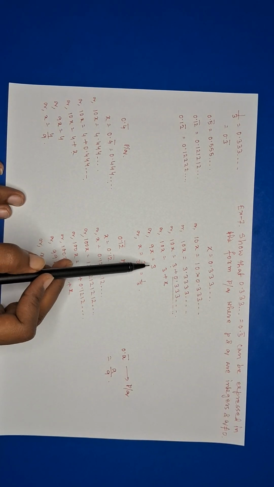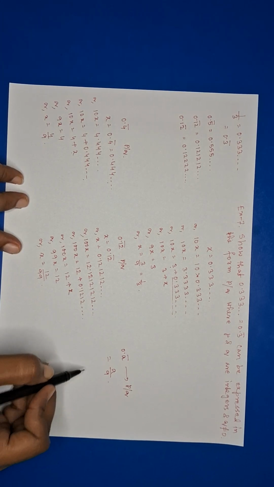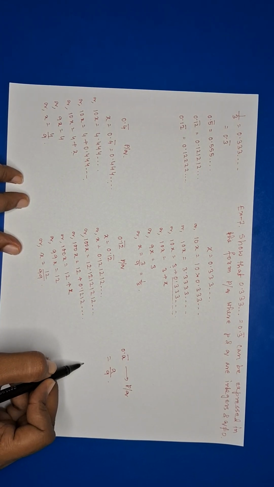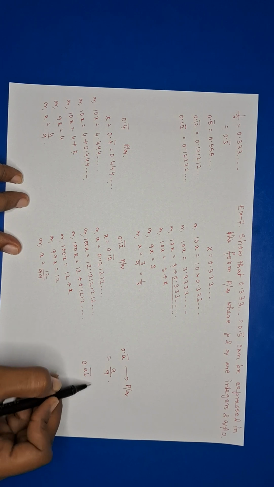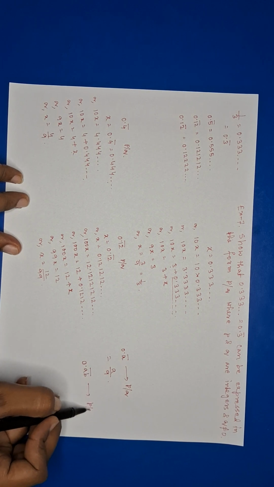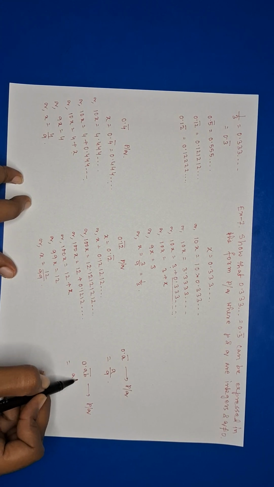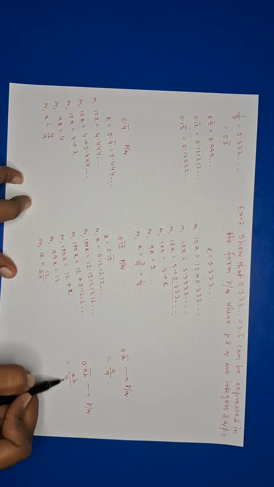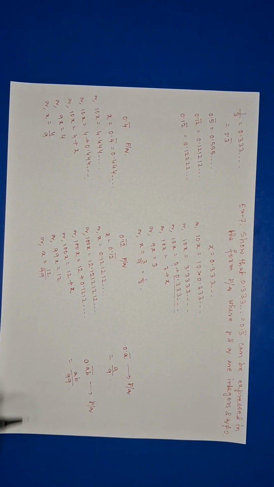If we replace it with 3, then it will be 3 by 9. Now if the number is 0.ab bar, and we have to write it in the form of p by q, will it not be ab by 99? a is one digit and b is another digit.